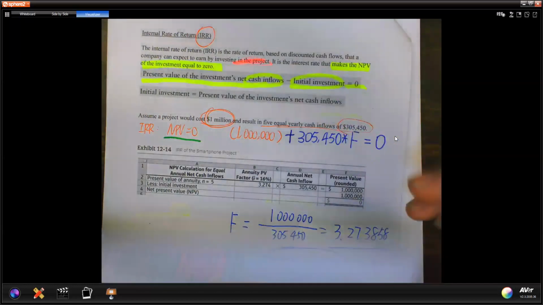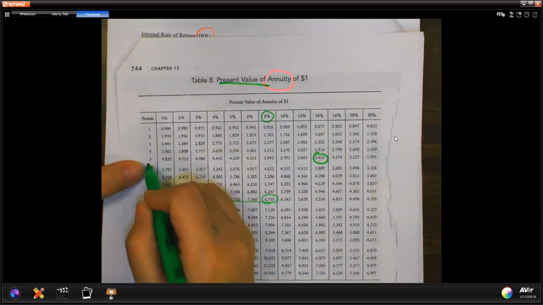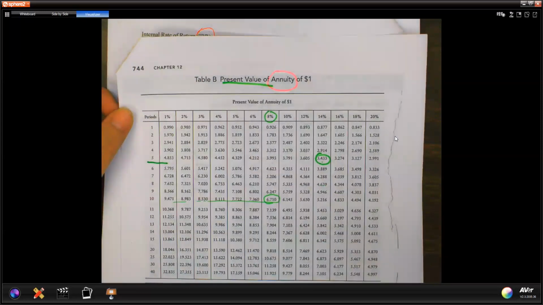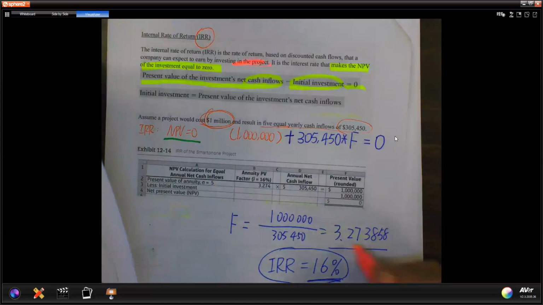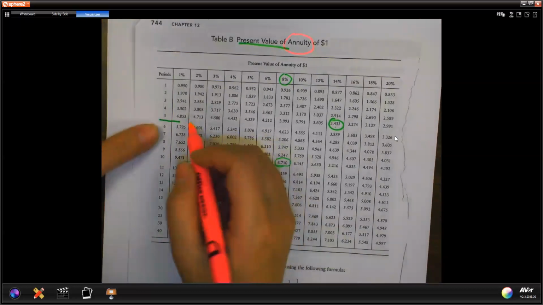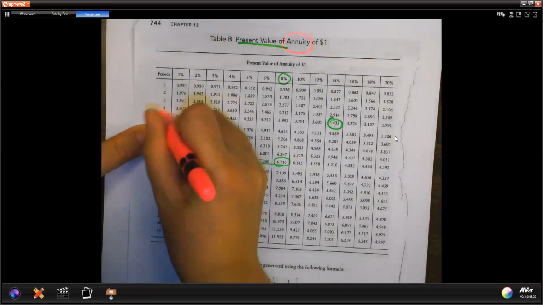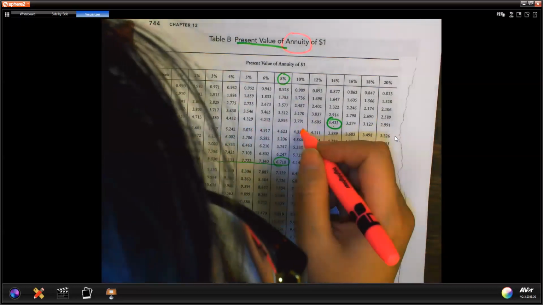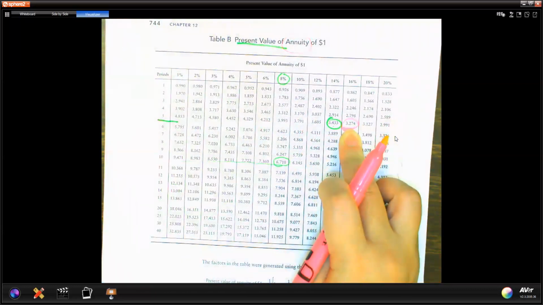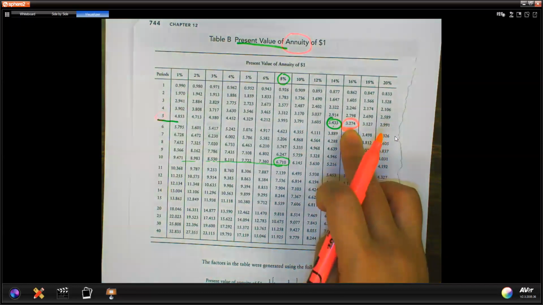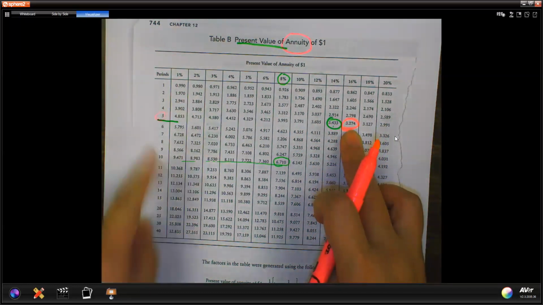For 5 years, I first look at the 5-year row. I want to find the discount factor 3.274 in 5 years. I got this discount factor, 3.274, 5 years.